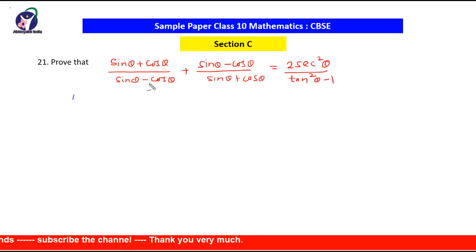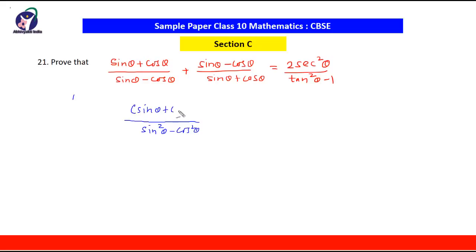So the LCM will be (sin theta minus cos theta) into (sin theta plus cos theta). That is (A minus B) into (A plus B), so it will be sin square theta minus cos square theta. Here you will multiply by sin theta plus cos theta, so it becomes (sin theta plus cos theta) square, plus (sin theta minus cos theta) into (sin theta minus cos theta), that is (sin theta minus cos theta) square.